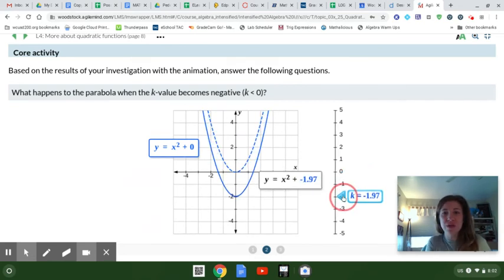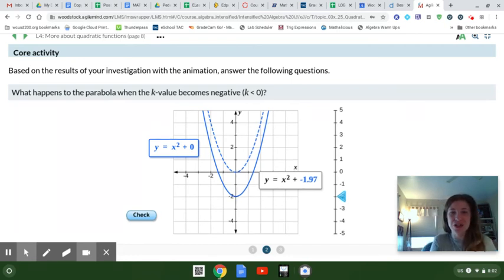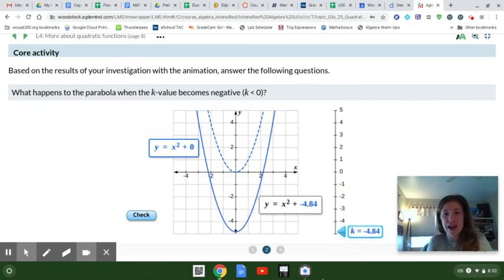Well, if I go down to negative 2, now notice it does say plus negative 2. A positive and a negative is the exact same thing as subtracting. So I shifted down to about negative 2. Notice where my vertex is, 0, negative 2. If I pull that slider down to negative 5, I'm going to go all the way to the bottom.